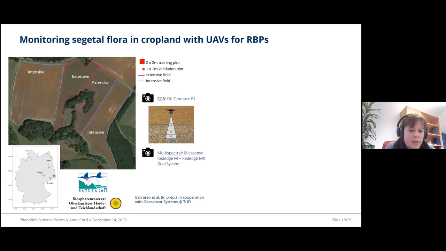The background is that the Biosphere Reserve is planning this as a green connecting corridor, and the management has been like this for several years now. It's a collaboration we're doing with a geosensor systems group at the TU Dresden, who also flew the drone for us.